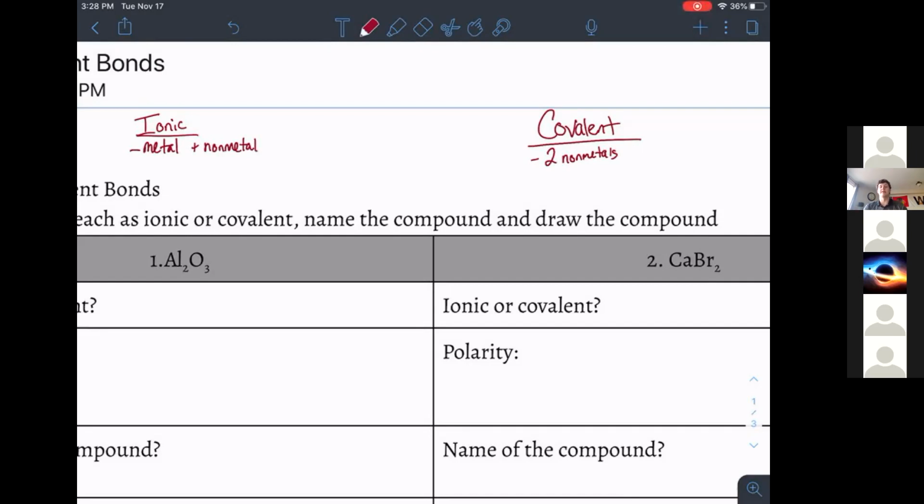What else do we know about these? Ionic transfers electrons, and covalent they share electrons. Awesome. Anything else we know about them in general, or about maybe their drawing, or about their naming, or about their formula writing, any of those things?